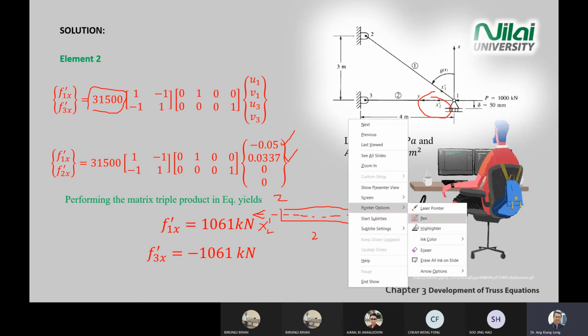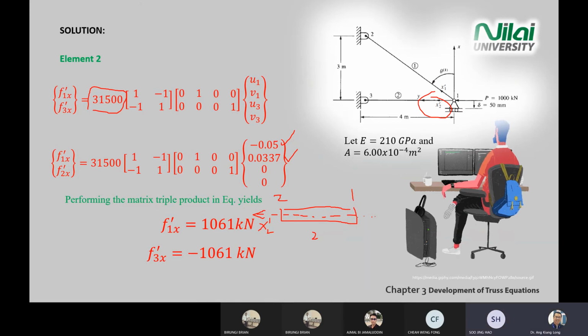Okay, just to test whether you understand now, I'm going to ask Sue, are you there? Yes. Sue, you look at point 1. This is element 2. So what is the direction of the point at this point? Does it go to the left or go to the right? Go to the right, like this.